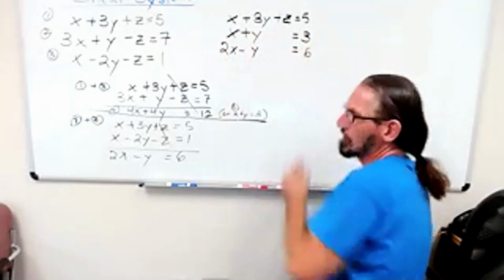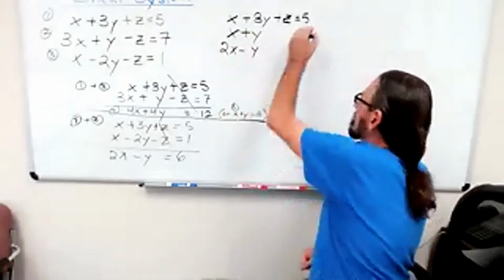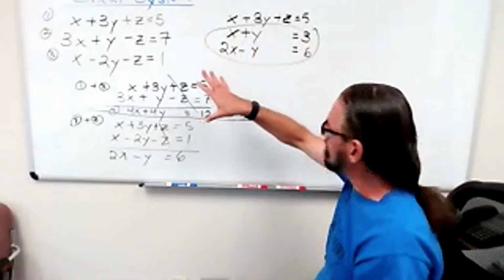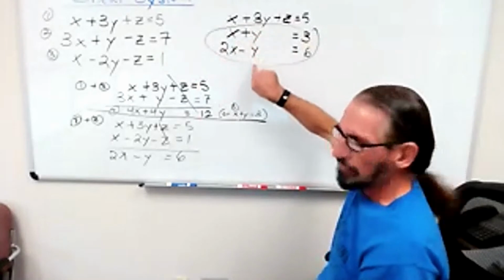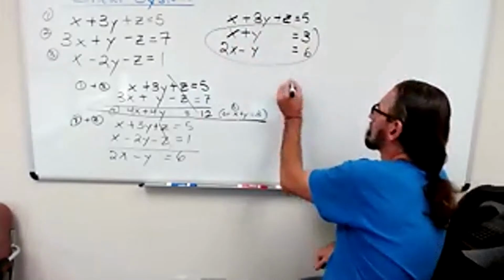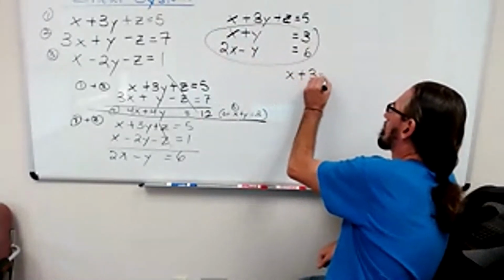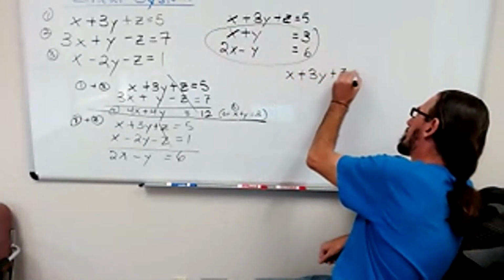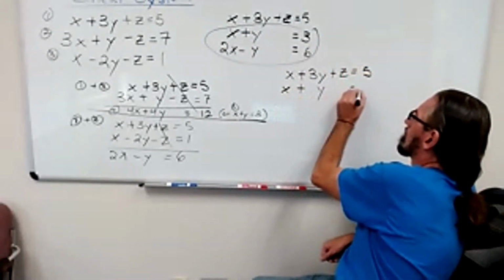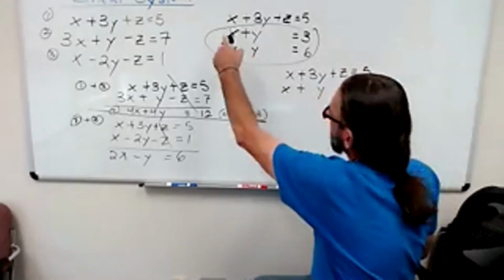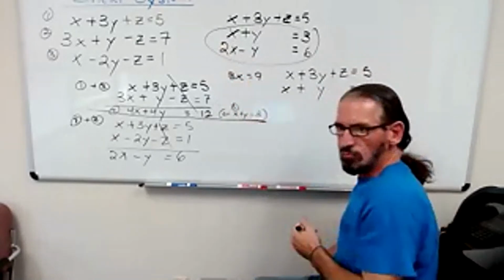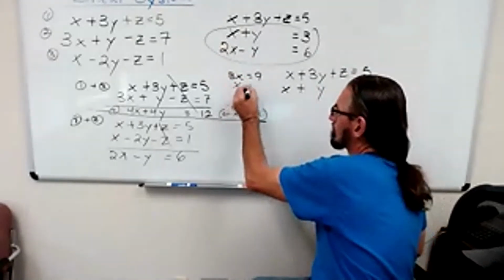In fact, I got really lucky here. Without any more multiplication in this case either, add these right away and the y's will cancel out. So now I know that 3x equals 9, and dividing both sides by 3, x equals 3.